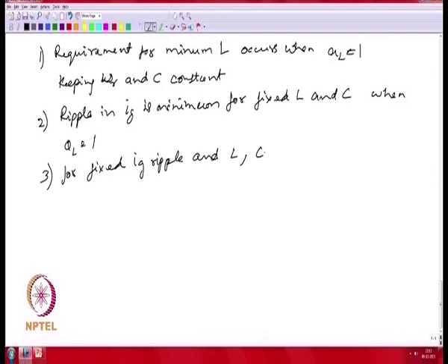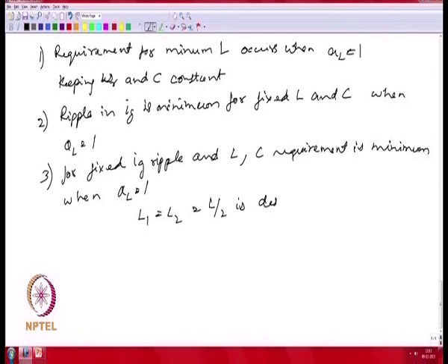You will then see that the C requirement is minimum when AL is equal to 1. So, from all these properties, it is seen that L1 equal to L2 equal to L by 2 is desirable.